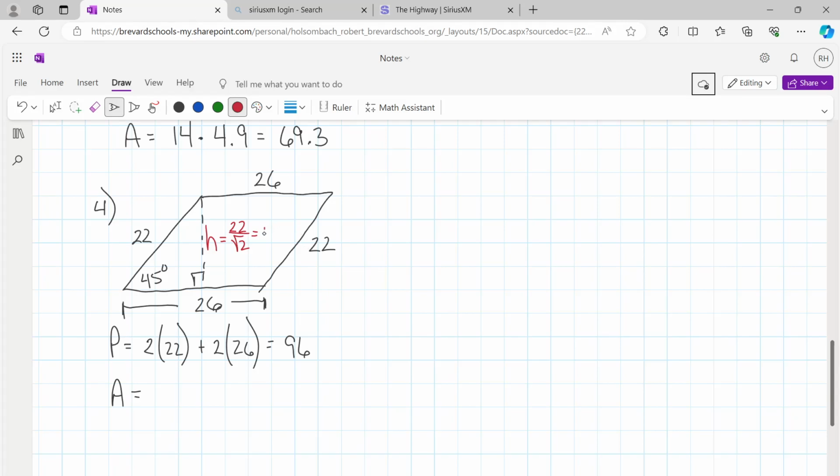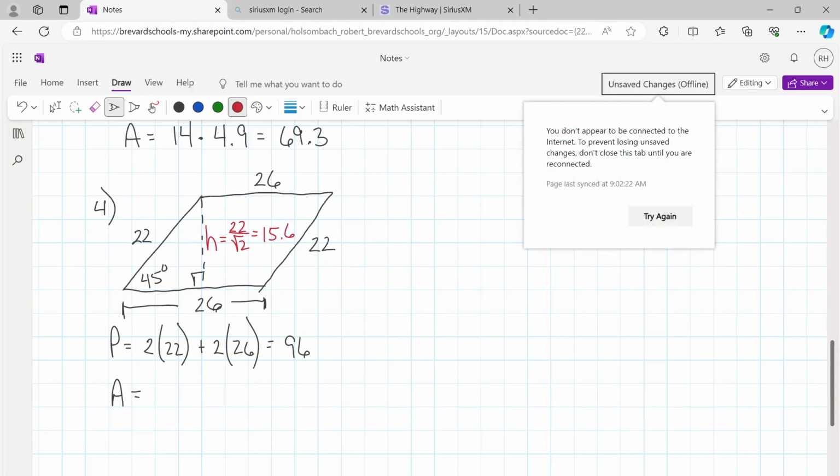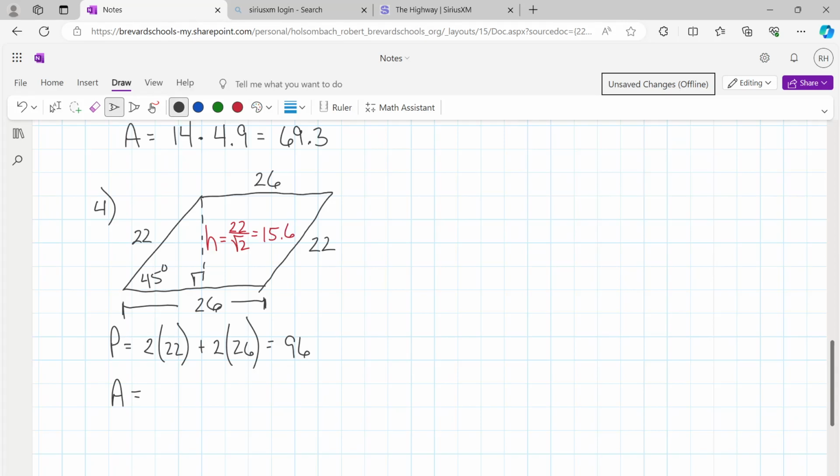So 15.6 is the height. So our area is equal to the base, which is 26, times the height, 15.6. 404.5.